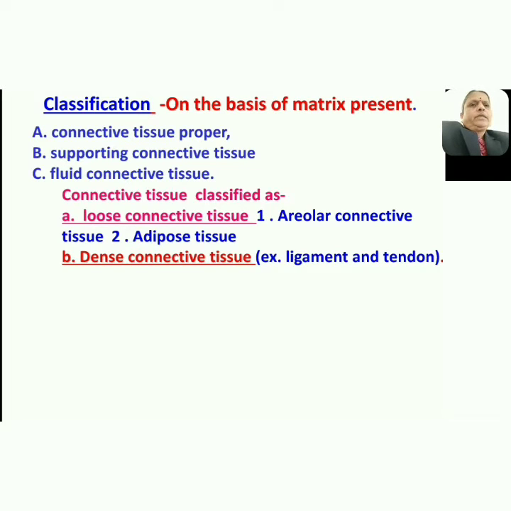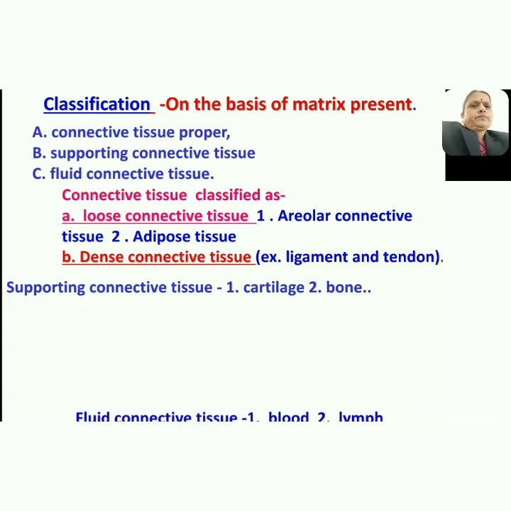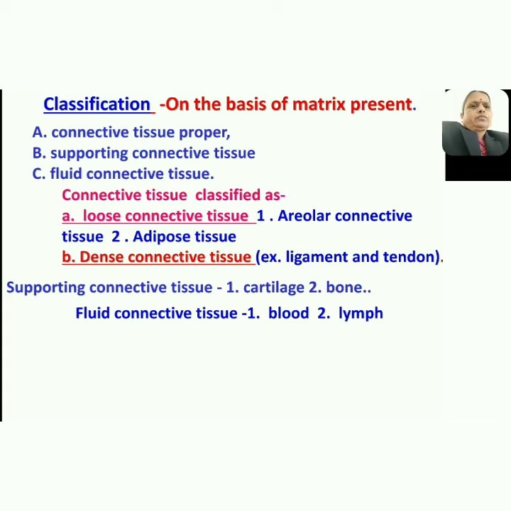Second, dense connective tissue, example ligament and tendon. Second, supporting connective tissue: cartilage and bone. Fluid connective tissue consists of blood and lymph.